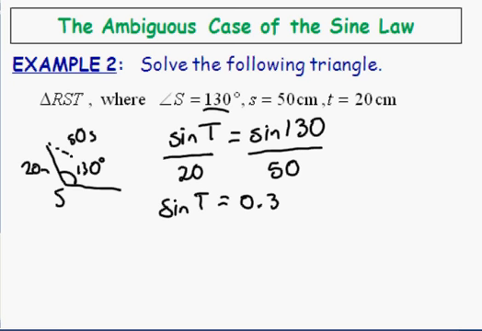So what we have is a triangle that looks like this. Okay, we know this angle is 130. We know this side is 50. And this side is 20.